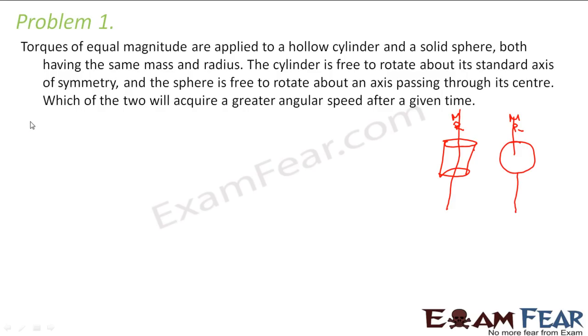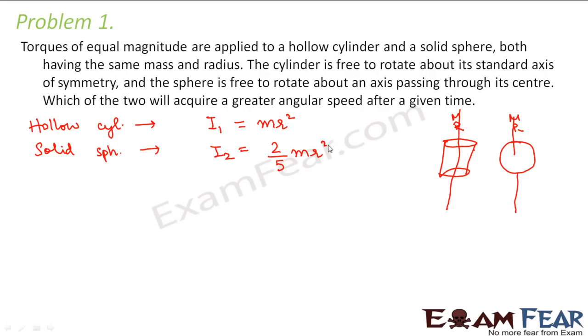Now, what would be the moment of inertia for the hollow cylinder about its axis? The moment of inertia for a hollow cylinder will be equal to mr square. What would be the moment of inertia for the solid sphere about an axis passing through the center? That would be equal to 2 by 5 mr square.